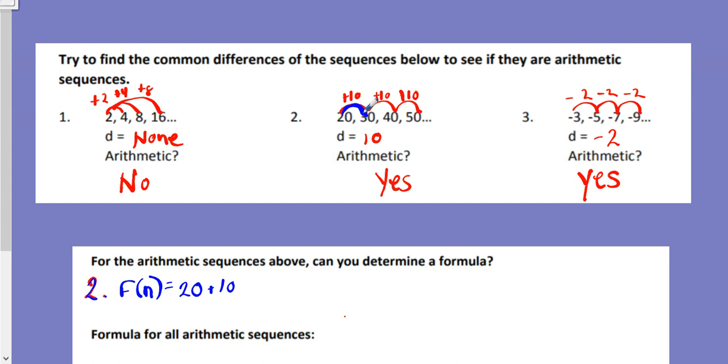Now, thinking about how often I'm going to add 10, I'm adding 10 one time to get to my second term. So I'm not going to just do 10 times 2 to get to my second term. I'm going to have to actually do 10 times 2 minus 1. So I'm going to have 10 times my term number minus 1.